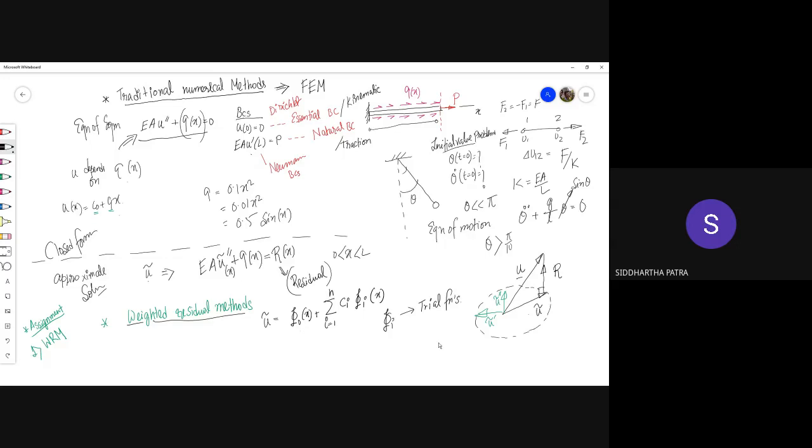Okay. Now there are some conditions on how you choose your trial functions.